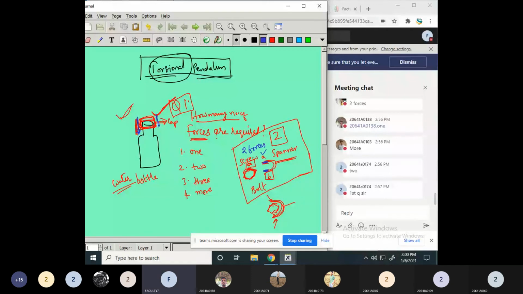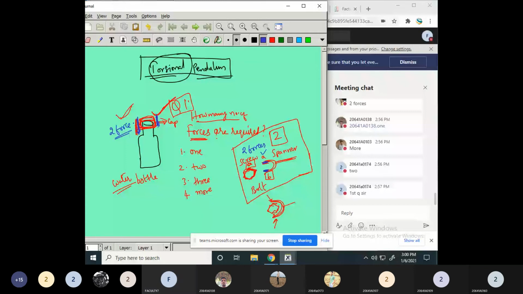Now, removing this, 1 finger you are going to place here, the second finger you are going to place here. So you are going to apply 2 forces. Whether the answer is correct or not, I am saying the answer is 2. Now have you got the idea?